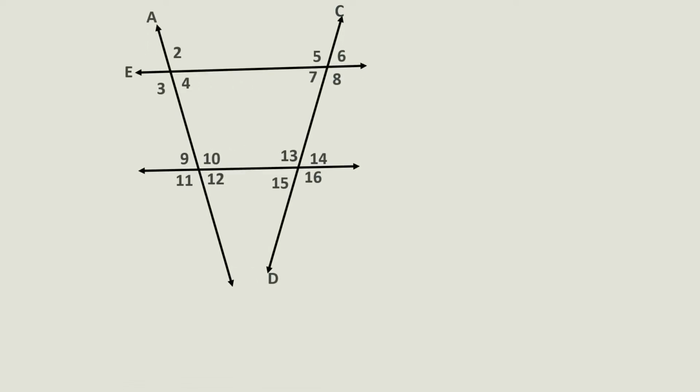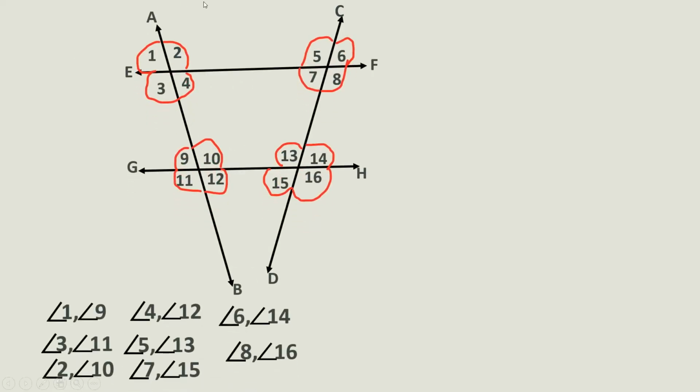In this example, let's see the figure. Now let's point out all the corresponding angles. 1 and 9 are corresponding angles. 4 and 12, 3 and 11, 5 and 13, 6 and 14, 8 and 16, 2 and 10, and 7 and 15.